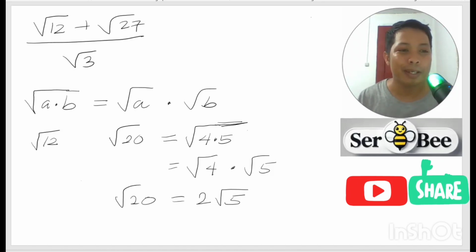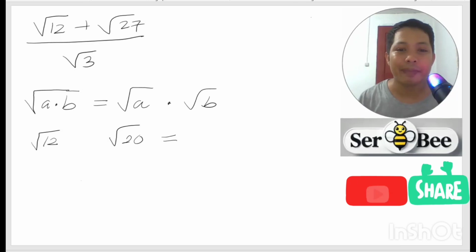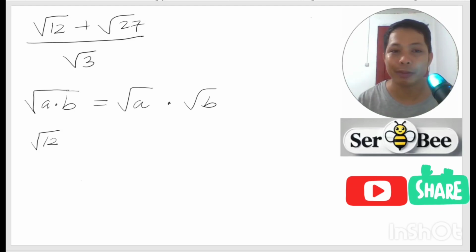So let us use these things. Let's go back to the main problem. The first term is the square root of 12, the second term is square root of 27, and the denominator is square root of 3. So let us simplify square root of 12.